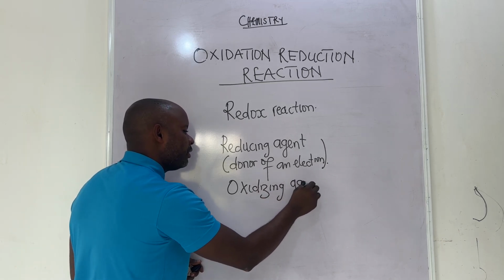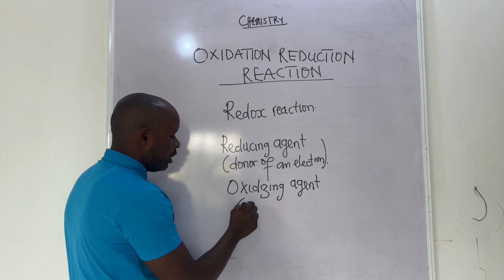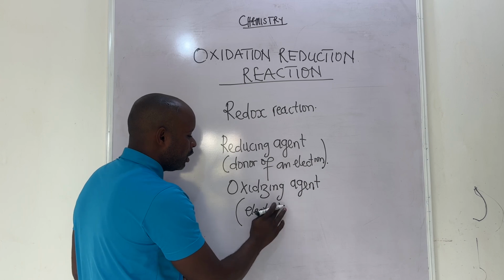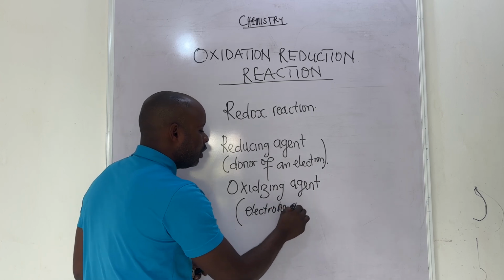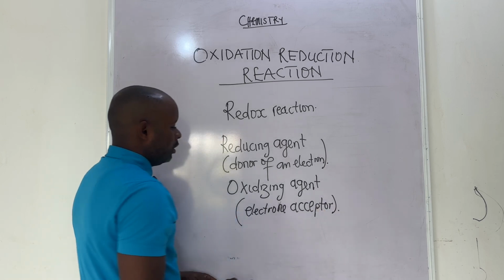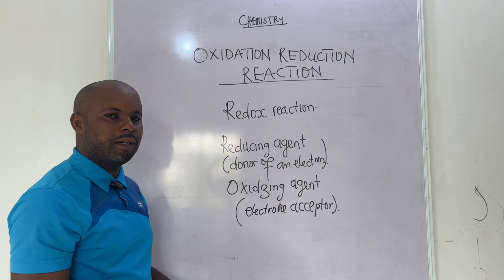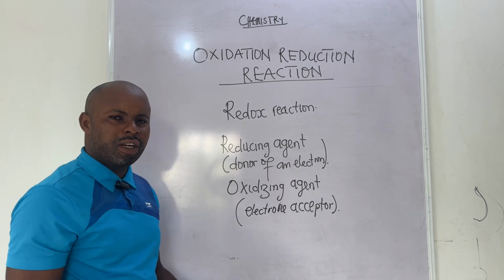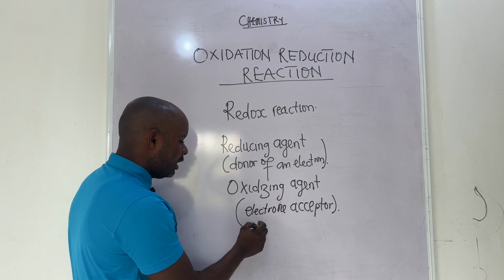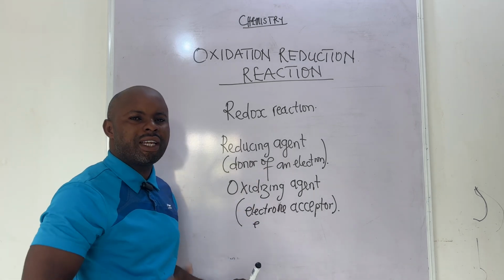By so doing, this is what? Electron acceptor. So the oxidizing agent is known as what? Electron acceptor. In our basic knowledge of the characteristics of non-metals, in most cases non-metals are electron acceptors, while metals donate electron.